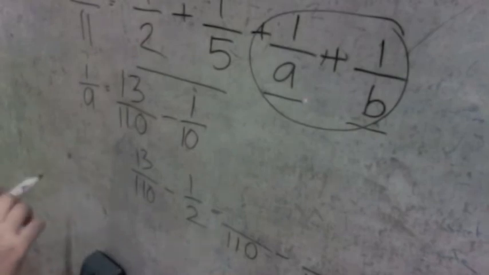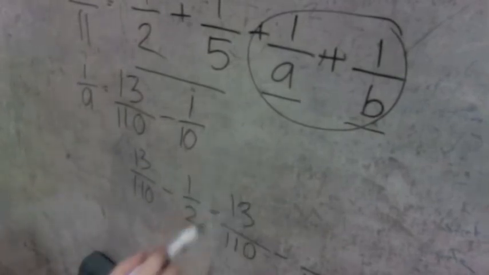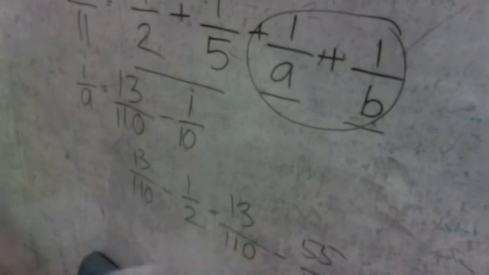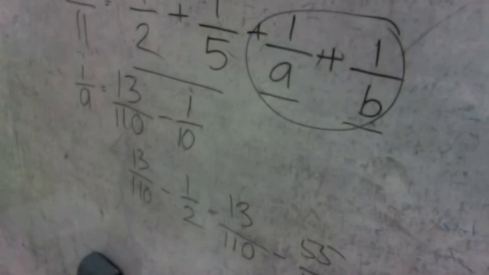It's going to be 13 and 55, which we don't want to have a negative result, so this numerator has to be bigger than this numerator. So let's stick with 1 over 10 and see what happens.